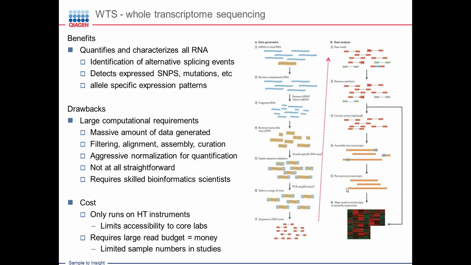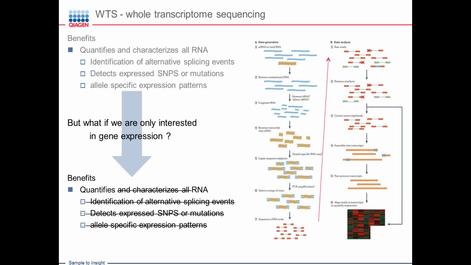You're running these on high throughput instruments, which limits this to a core lab. It helps you develop relationships with skilled bioinformatics scientists. And it is not a simple task to do quantification on transcripts. It's very difficult to know that you're getting accurate estimates of levels of transcripts from different genes.